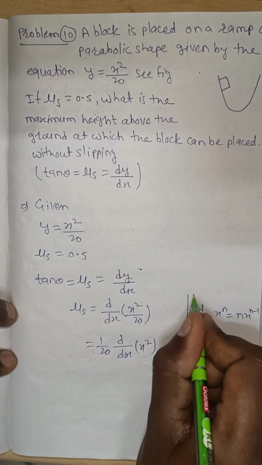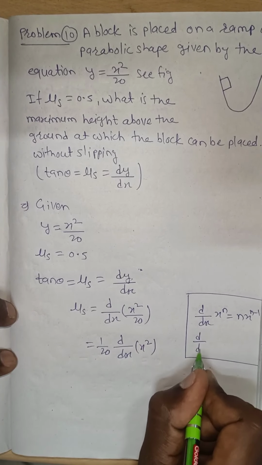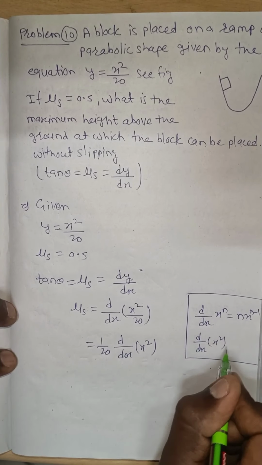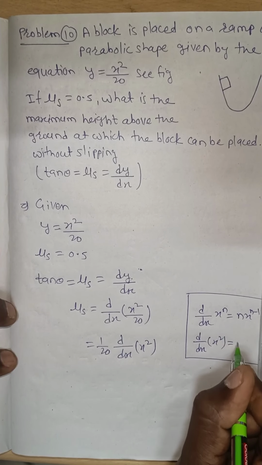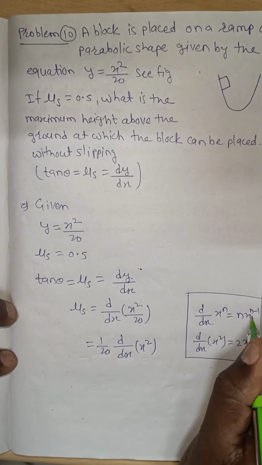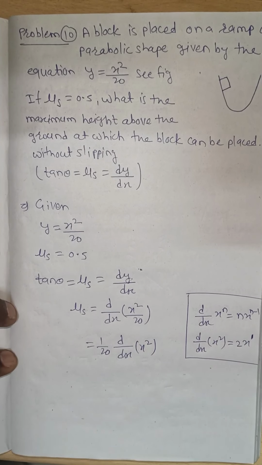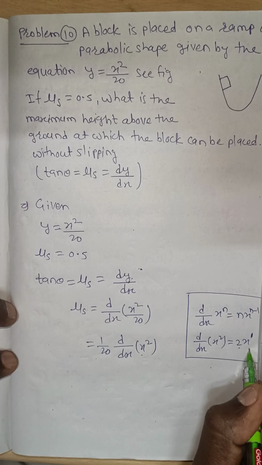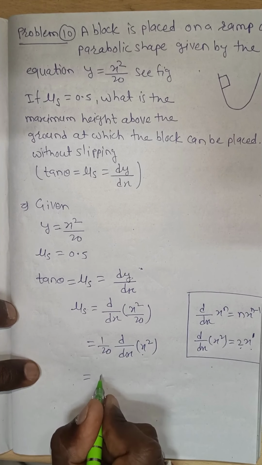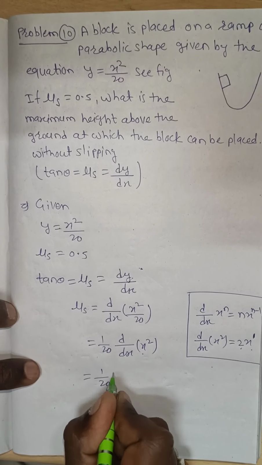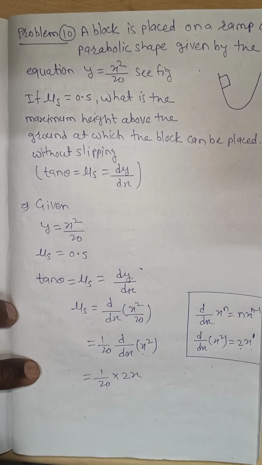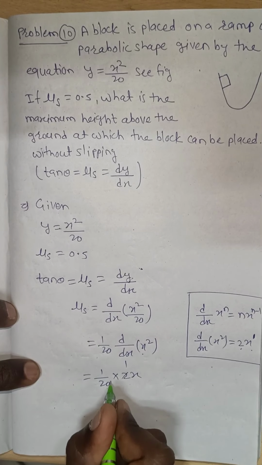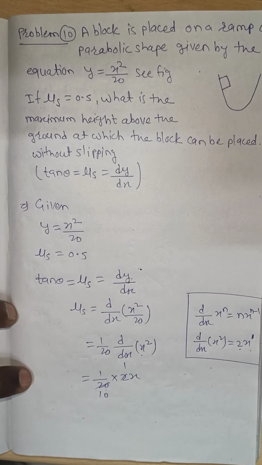Now here, d by dx of x square, n is equal to 2, therefore 2 into x to the power of 2 minus 1, which means x to the power 1. Therefore the differentiation of x square is 2x. Therefore this is 1 by 20 into 2x. Now 2 ones are 2, 2 tens are 20.